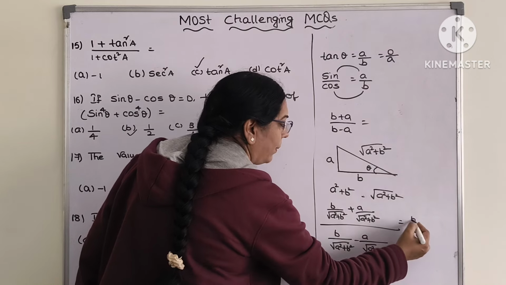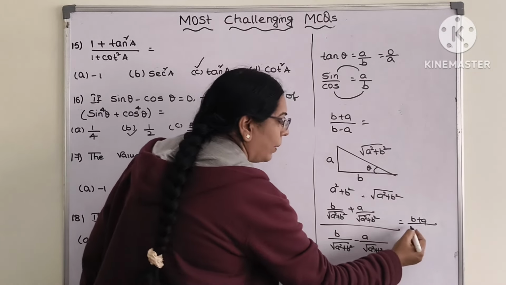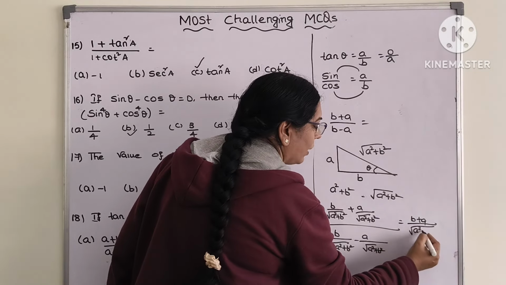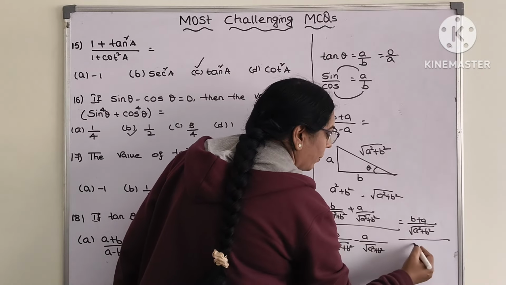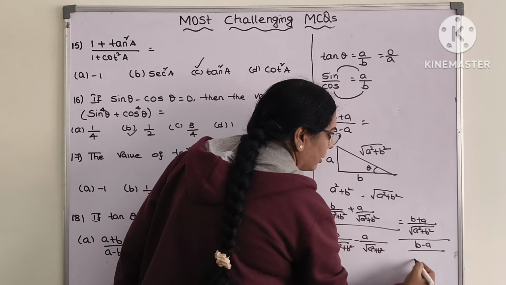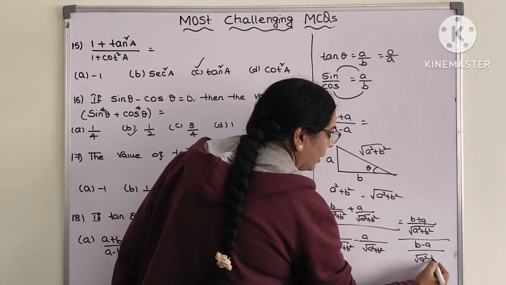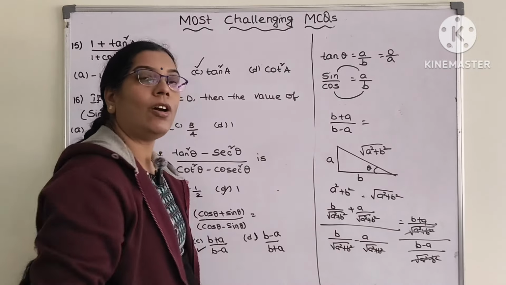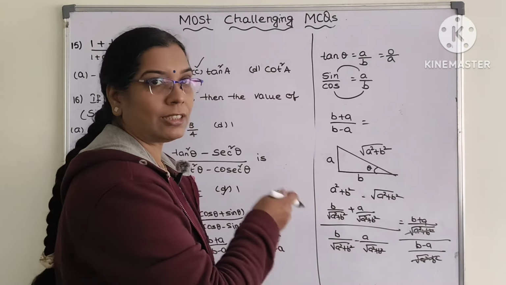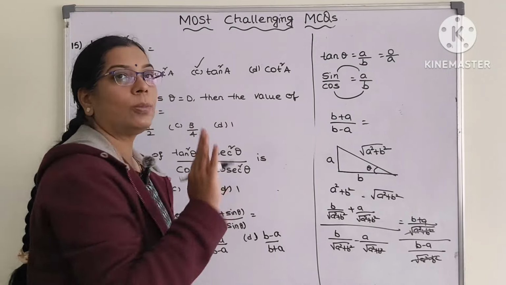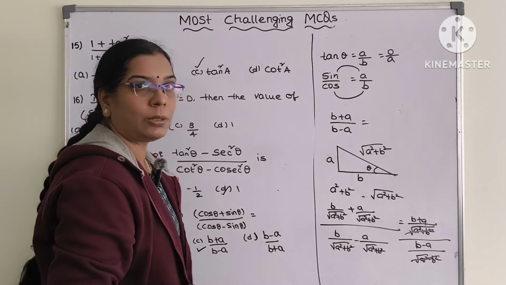You know, B plus A divided by square root of A square plus B square, B minus A divided by square root of A square plus B square. Since anyhow the hypotenuse gets cancelled and since this is an MCQ, let us not bother about it, and we may do it in this manner also.